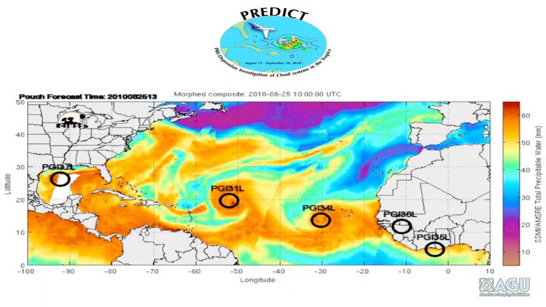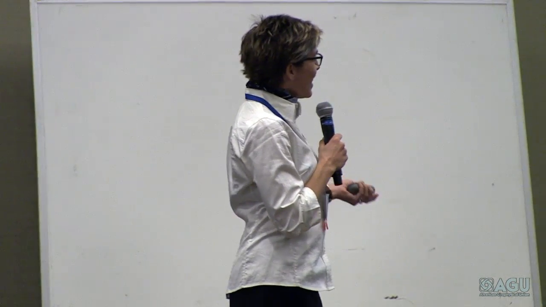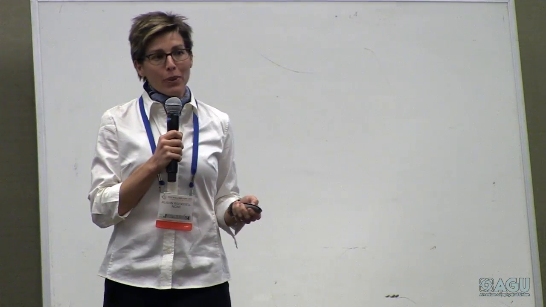Another field project was called PREDICT, the Pre-Depression Investigation of Cloud Systems in the Tropics. So again, it's kind of like alphabet soup when you're looking at NCAR. Everything's an acronym. So don't worry about it if you don't know what they are. It's okay. But this study looked at storms developing off the west coast of Africa and why some storms develop into hurricanes and why other ones don't.